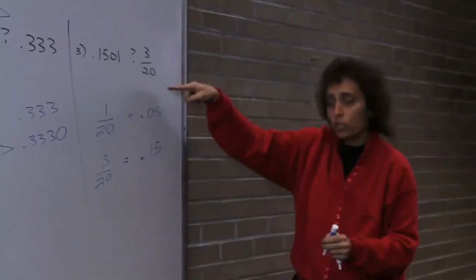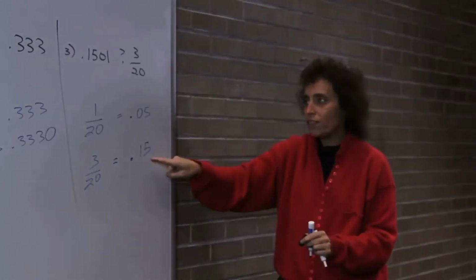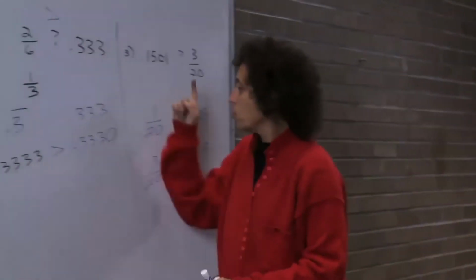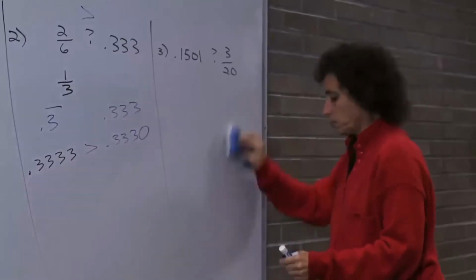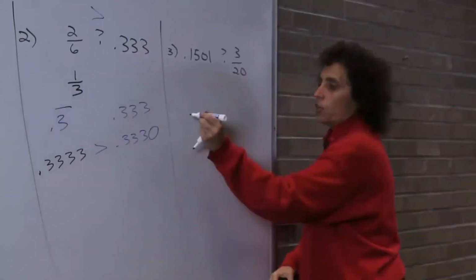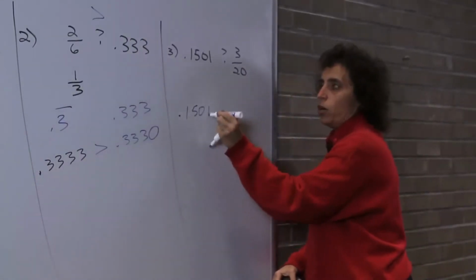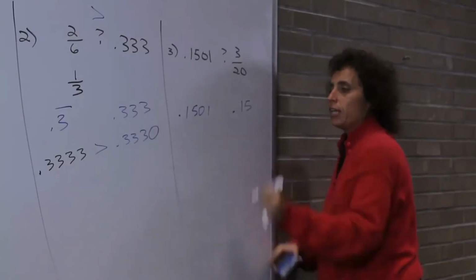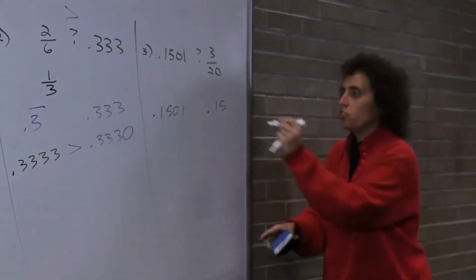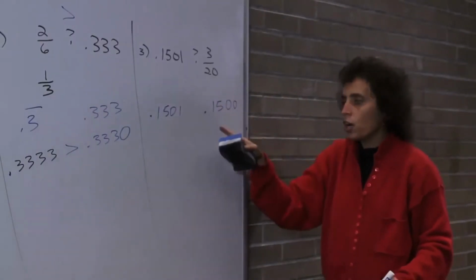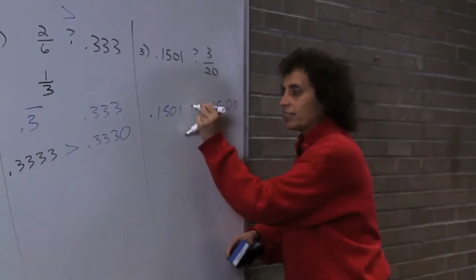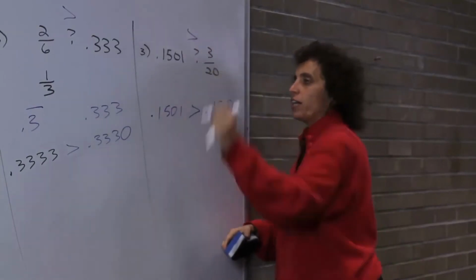If you don't believe me, you can do the division. But that's 0.15. So let's put that up there. Is 0.1501, 0.15. Give it the same number of decimal places, so 4. Think of this as 1,501, 1,500. This is greater than. So the is greater than symbol goes there.